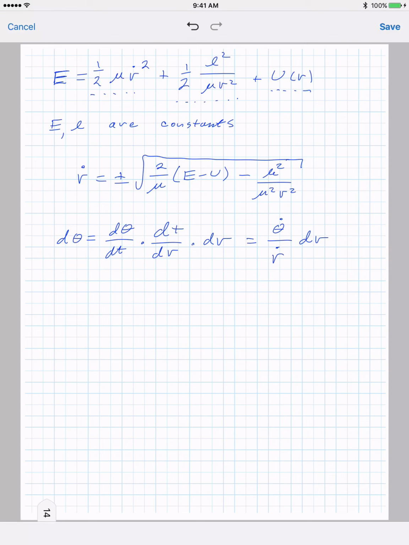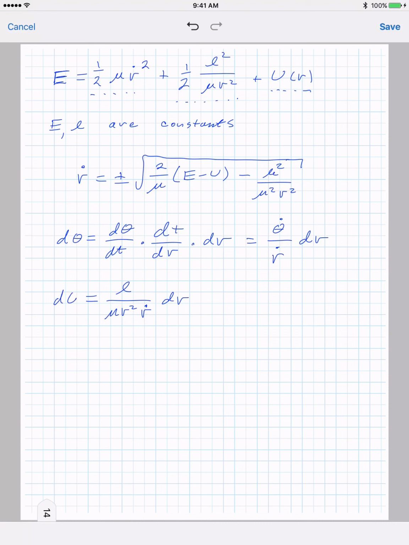And the reason why I wanted to put it into theta dot is because I always have that expression for the angular momentum in terms of theta dot, and so then I can write this thing as an L over a mu r squared r dot dr. Okay? And so what that allows me to do is then integrate both sides.